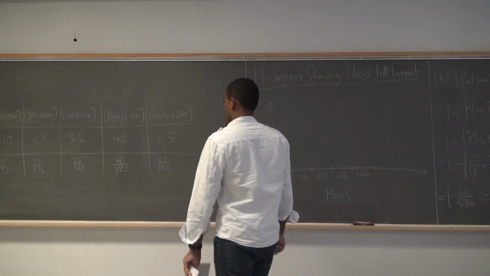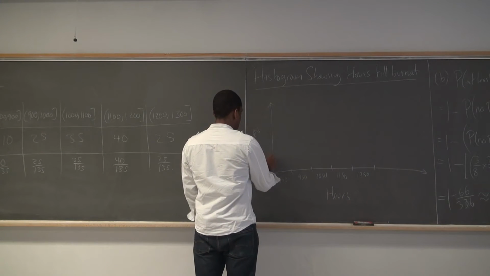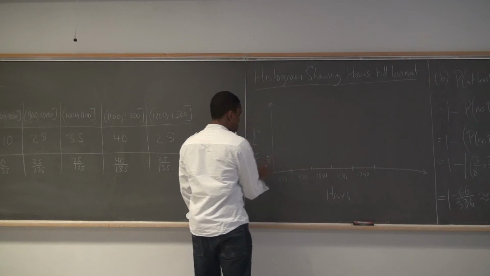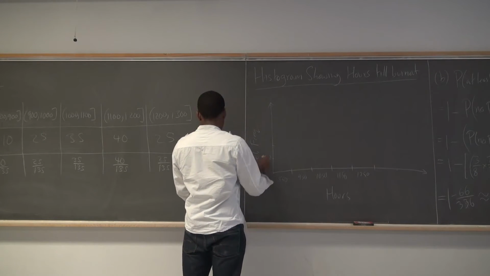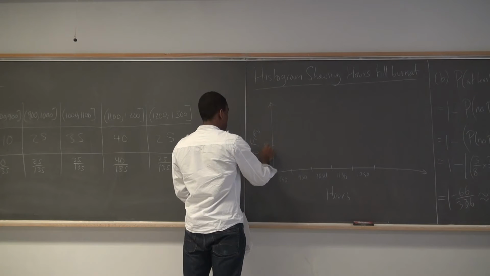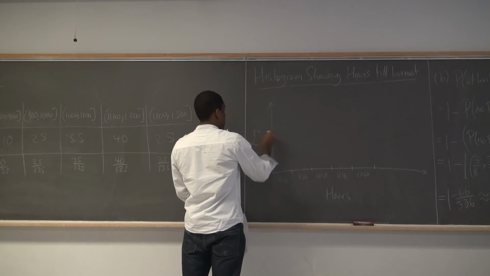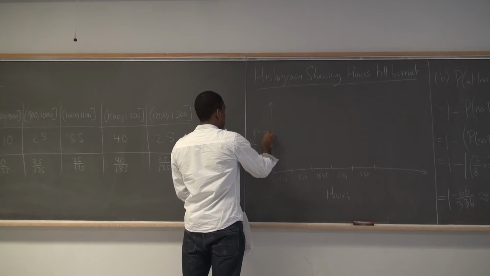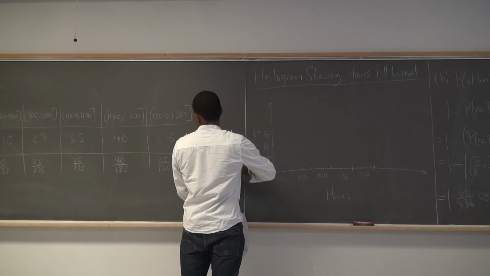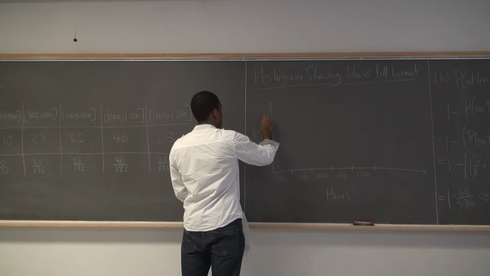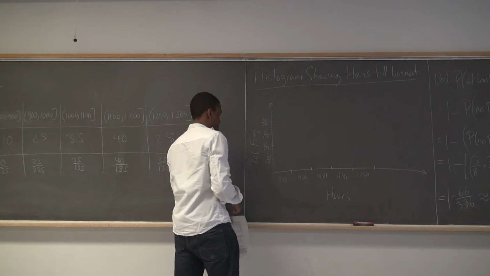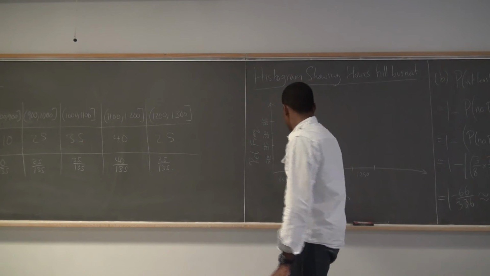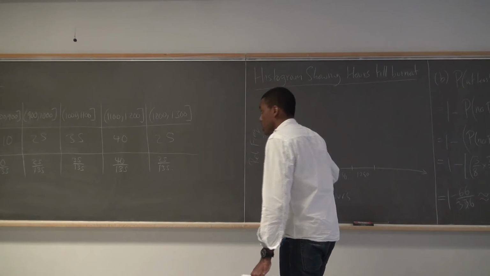And I can have 10 out of 135, which you can write as decimals here if you'd like. In particular here, 25 out of 135, 35 out of 135, 40 out of 135. So for the first one, it's a 10, so we go here.